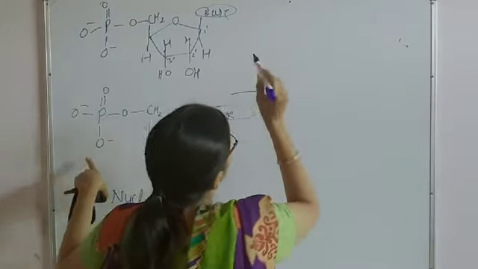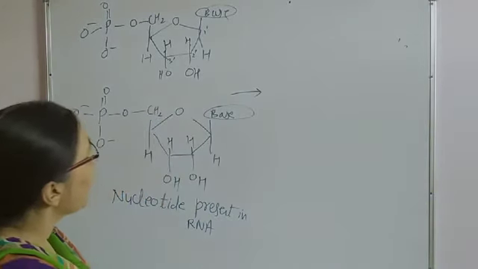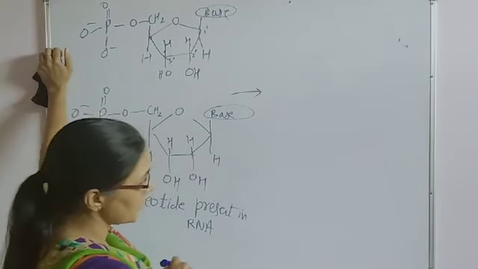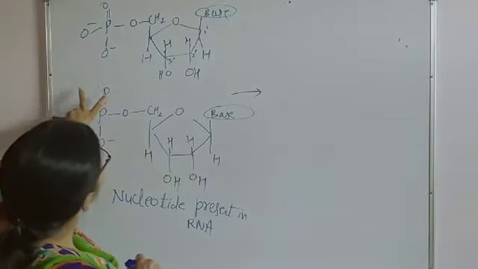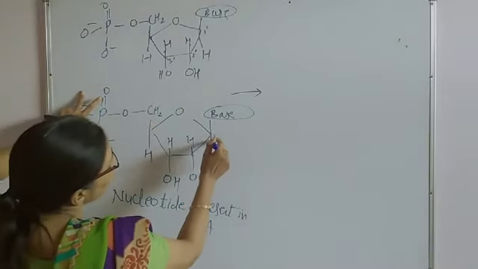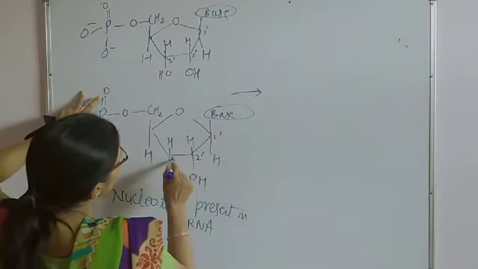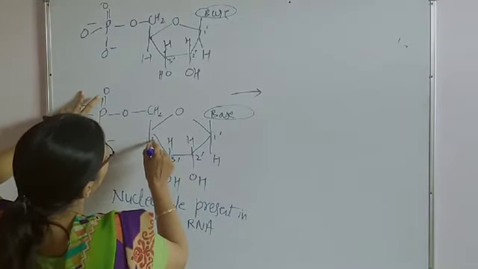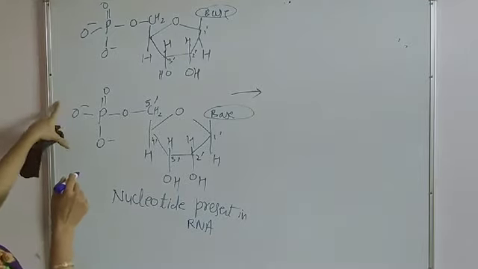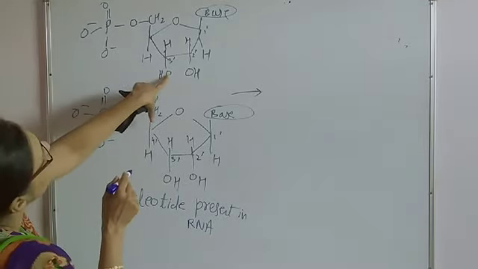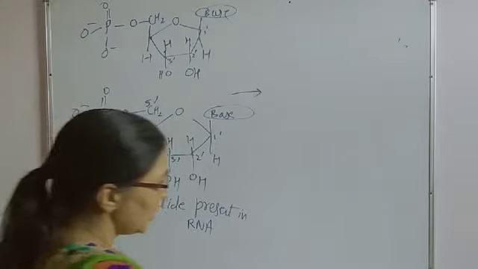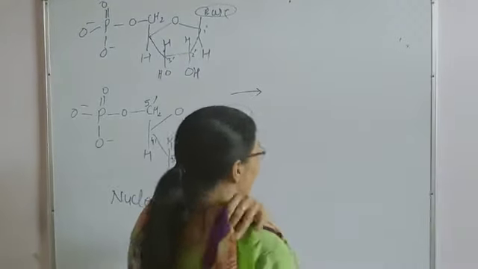The dinucleotide will form by means of the linkage present in this phosphate, which will be present at this 5 dash position: 1 dash, 2 dash, 3 dash, 4 dash and 5 dash. This phosphate unit will attach with the third position of the next unit. So see what structure we will get here.